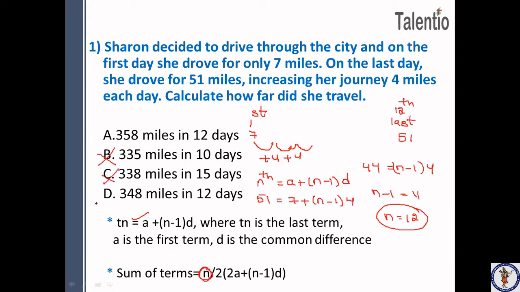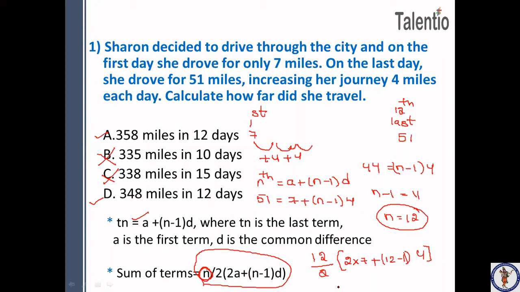Now we have two options, option A and option D. Now they're asking how much distance she traveled, the combination of all the days. So it is the sum of the observations in AP. What is the formula for the sum? n by 2 into 2a plus n minus 1 into d. So n is 12: 12 by 2 into 2 into 7 plus 12 minus 1 into 4.